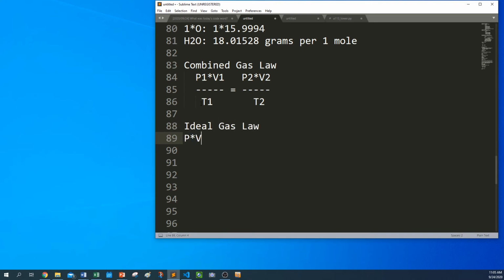So PV equals nRT, written more cleanly. You're going to have to memorize these two equations and be able to use them.